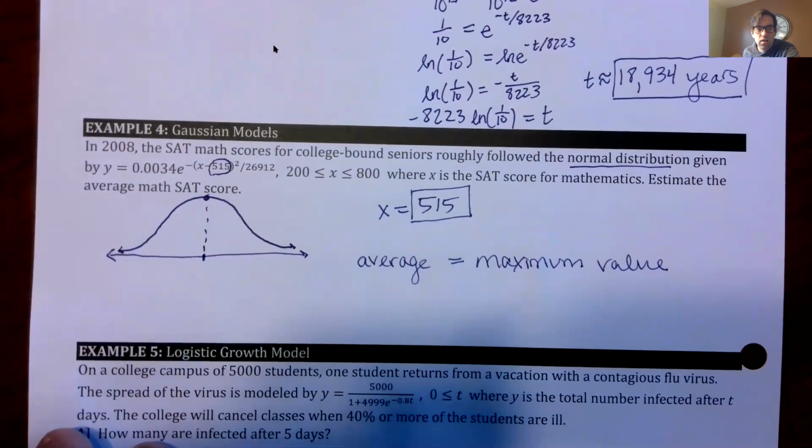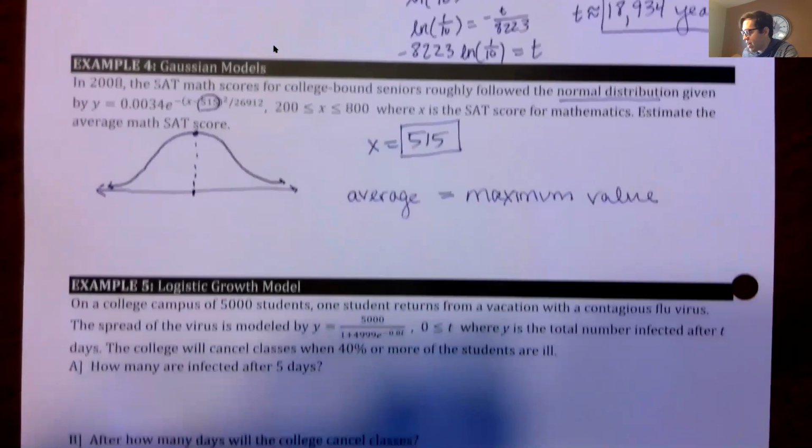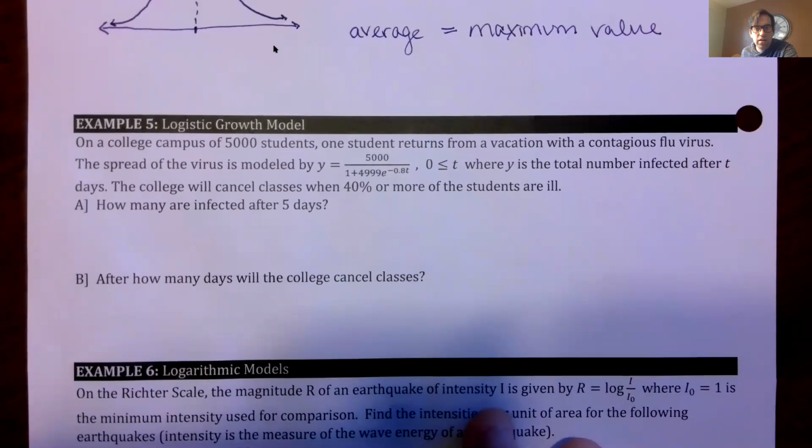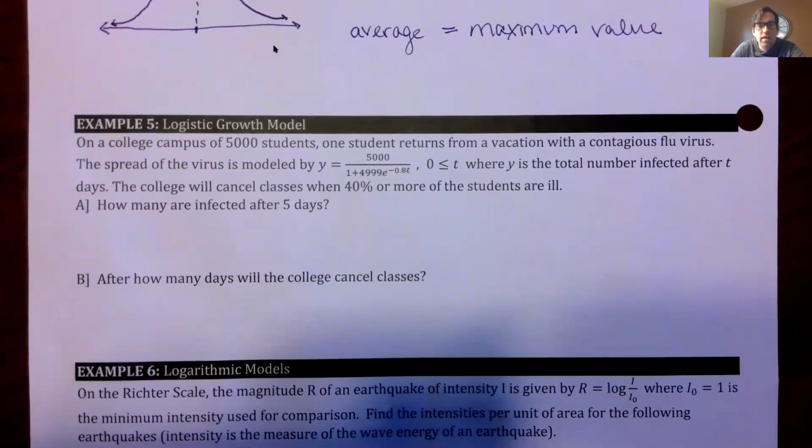Okay. All right. Example 5, logistic growth model. This one may hit a little close to home here, but this question has been in my notes for years because contagious viruses do follow this type of a model, a logistic growth model, so it's very applicable.